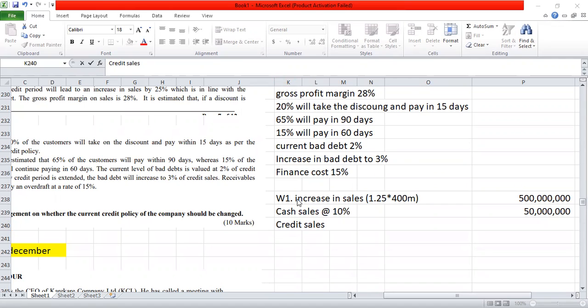You take the new sales minus the cash sales, and that will be the new credit sales after the policy.